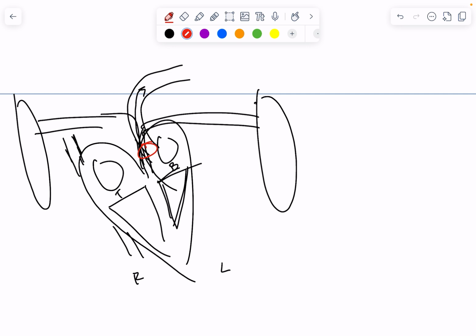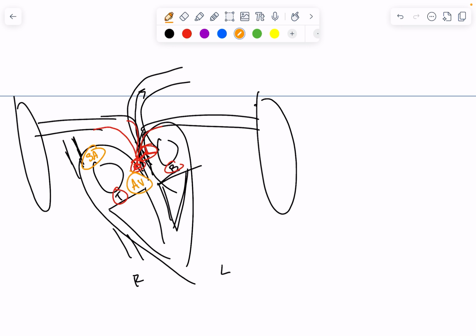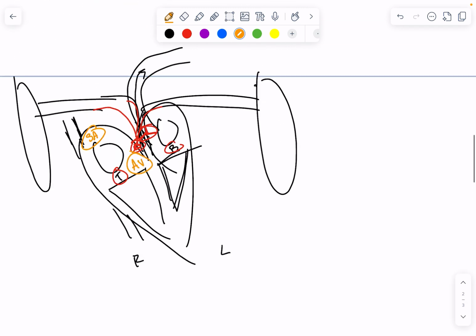Here's our SA node and our AV node down here. Essentially, the SA node controls our autorhythmic cells, and the AV node is going to control the other types of cells that help control our heart rate.